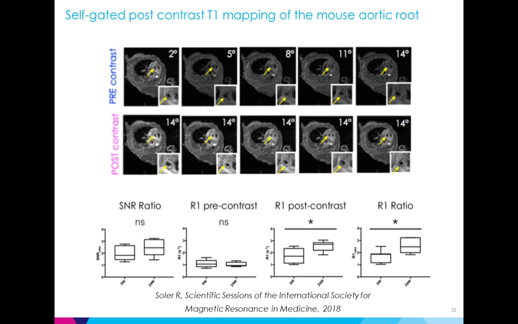Conversely, of course, the T1 would be lower. This indicates higher extravasation of contrast agent in older mice with respect to young mice, so higher endothelial permeability. And so is the ratio of the R1 between post and pre-contrast, which again indicates higher permeability in the older mice.